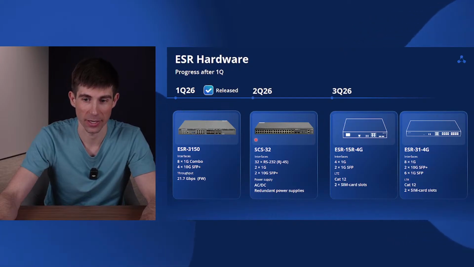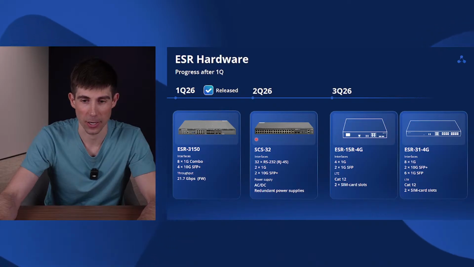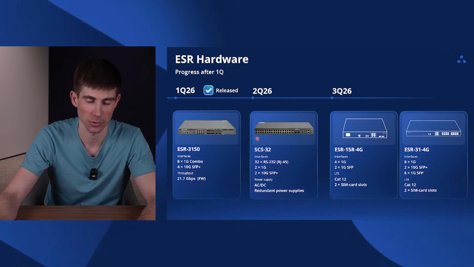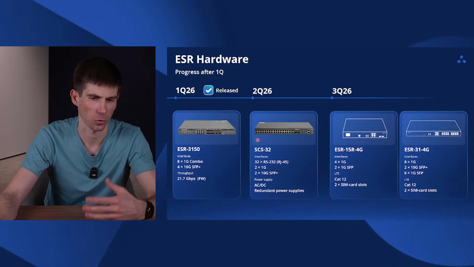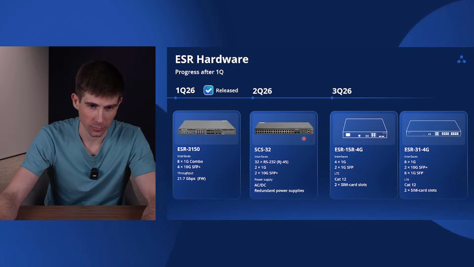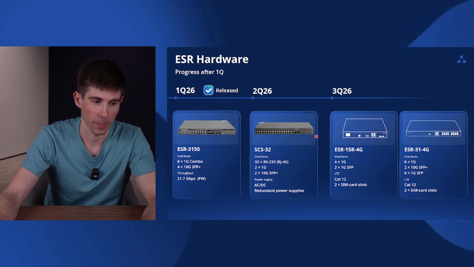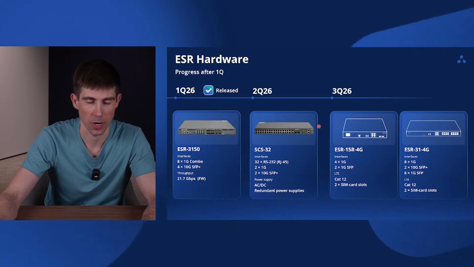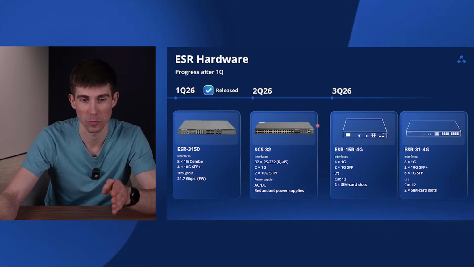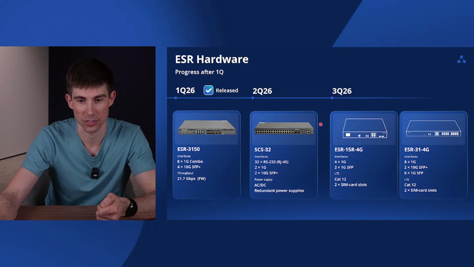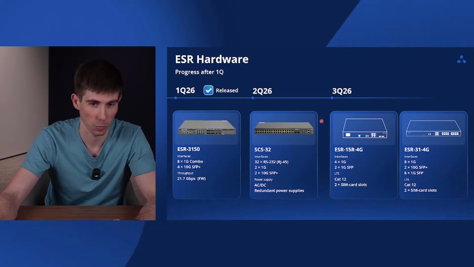So basically, you can connect up to 32 devices with the RS-232 cables, so-called console cables. And by using something like Telnet or SSH, you may connect to those devices without the physical presence and physically accessing those console ports.